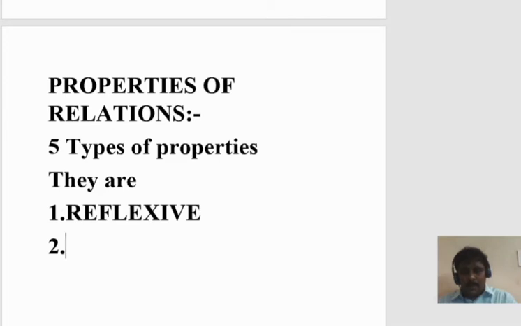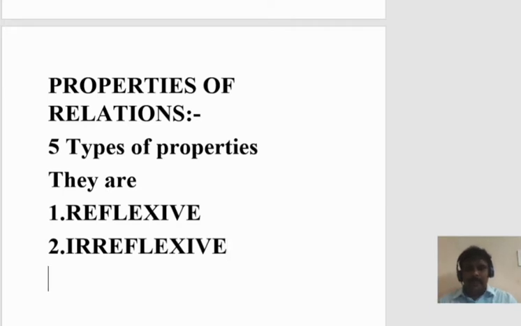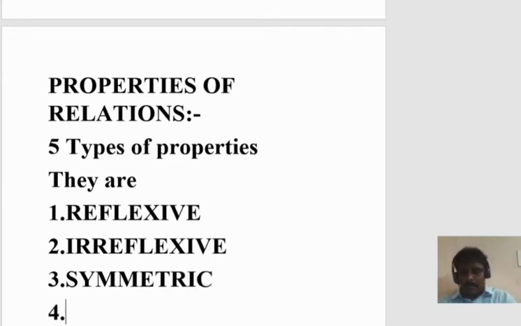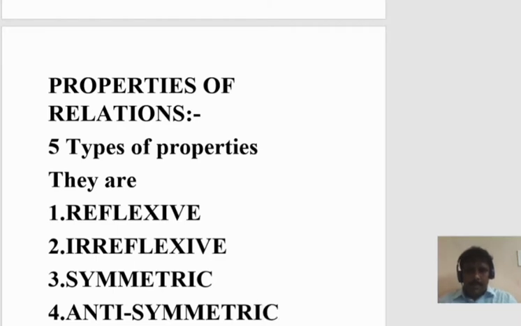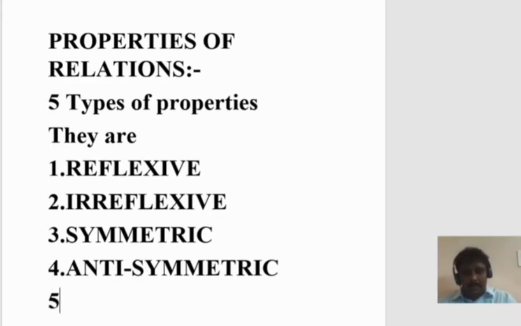Next, number two is irreflexive property. Next, number three is symmetric property. Number four is anti-symmetric. Next, number five is transitive property.